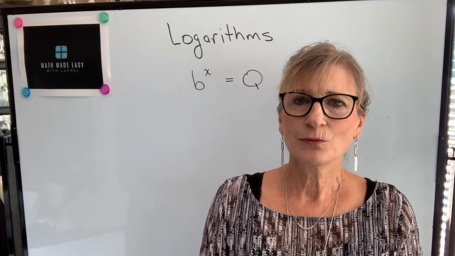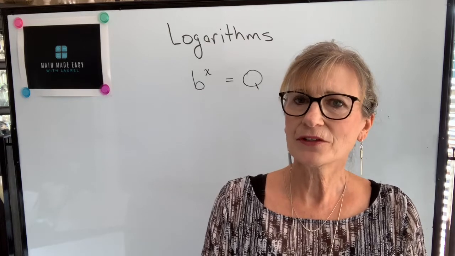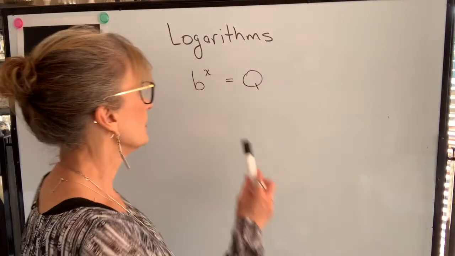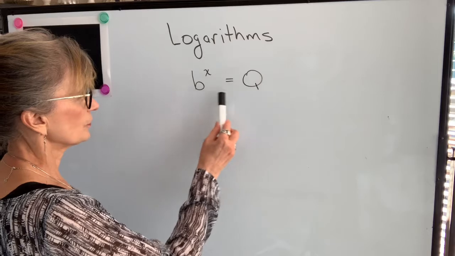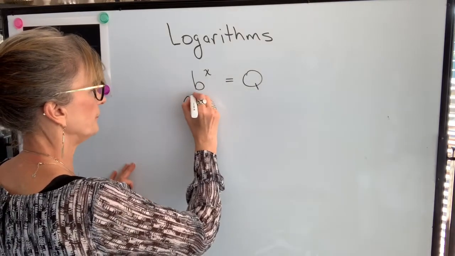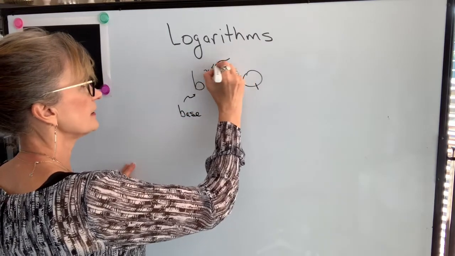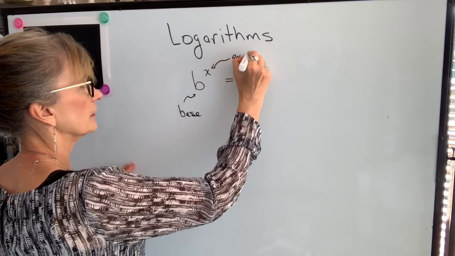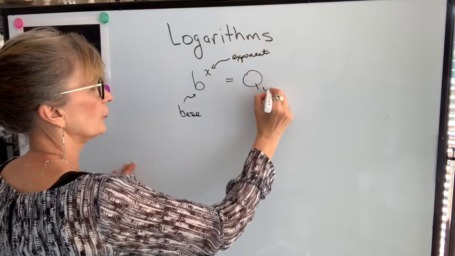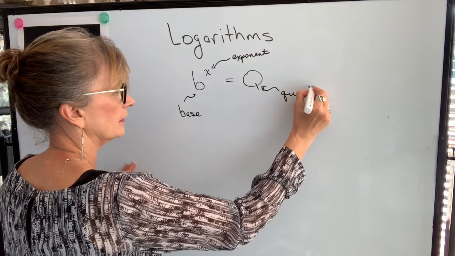This video is an introduction to logarithms, and I want to start with something that you're familiar with. When we have an exponential relationship, I'm going to call my base b, the exponent x, and my quantity q.